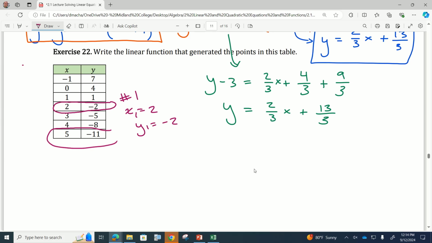Select another point in the table, and it doesn't matter which point you're choosing. Call it point number 2, so that x2 is 5 and y2 is -11. Okay?